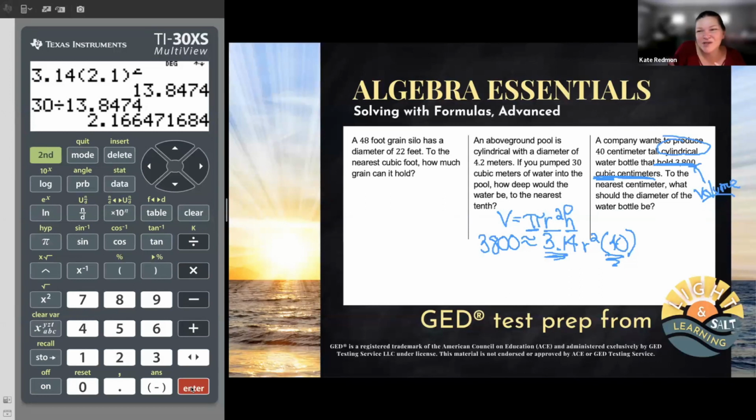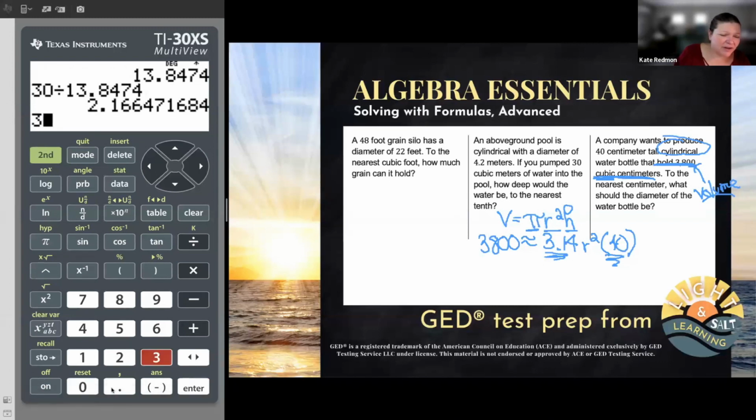But if it throws you, you don't have to do this as the first step, okay, you guys? You could just divide away both of those numbers, 3.14 and 40, right? We know that to get rid of something that's multiplying, we could divide. But I know that I can just multiply these two together to simplify up my equation. So I'm going to do that. 3.14 times 40.